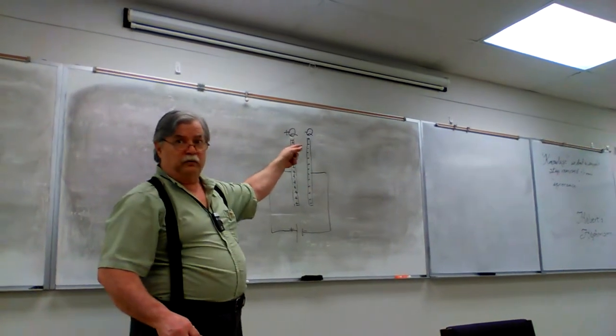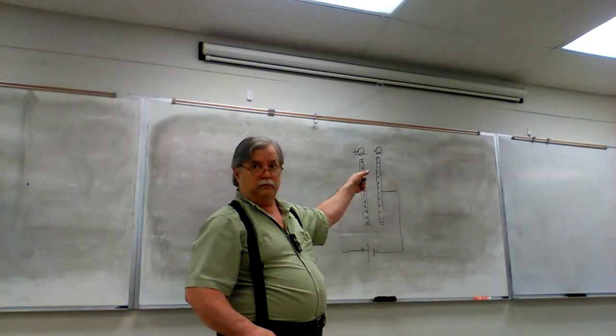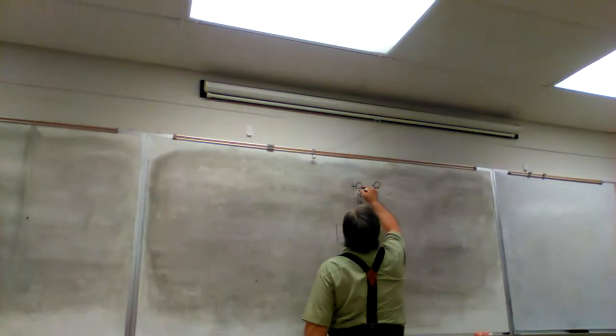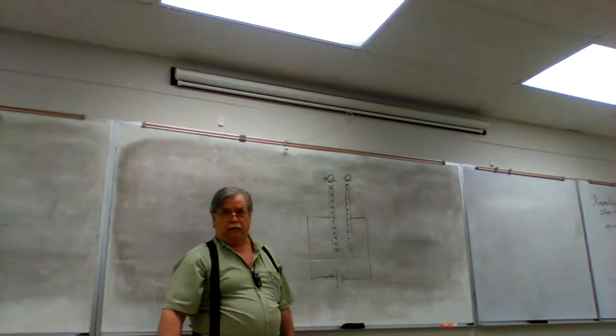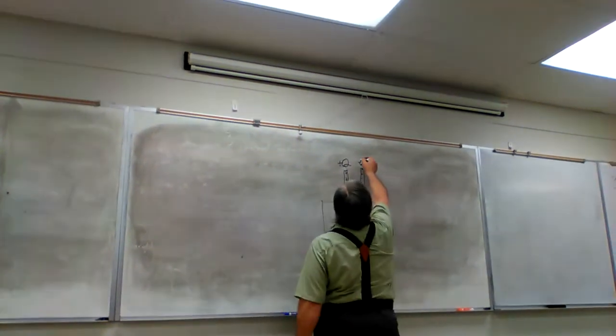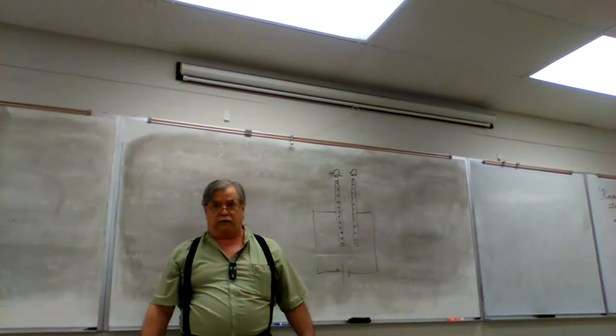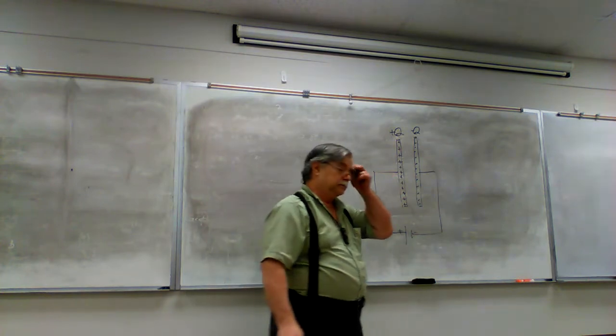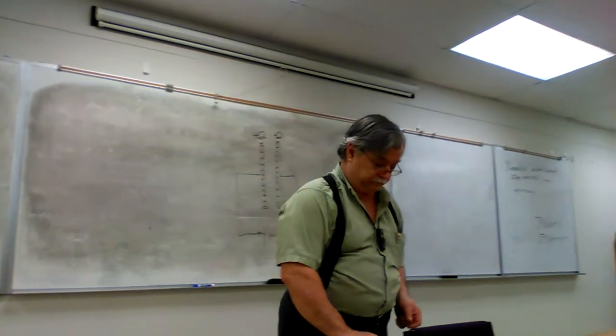Notice I did not put Q over 2. I didn't say half of the charge is here and the other half is there. Because if you add those two charges together, minus Q and plus Q, what do you end up with? Zero, a net neutral charge.